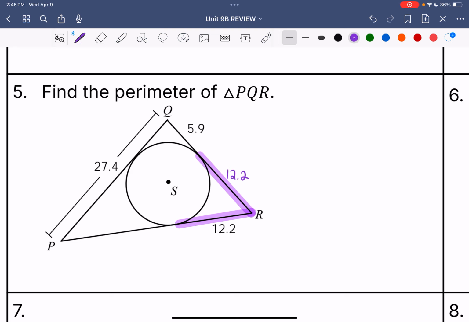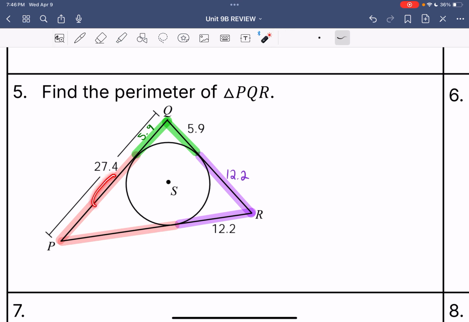Okay, then if I look at vertex Q, which is the one on the top, the two pieces coming out of vertex Q also have to be the same length, which means that this part on the left is 5.9. Okay, and then that last vertex, vertex P, both of those pieces have to be the same.